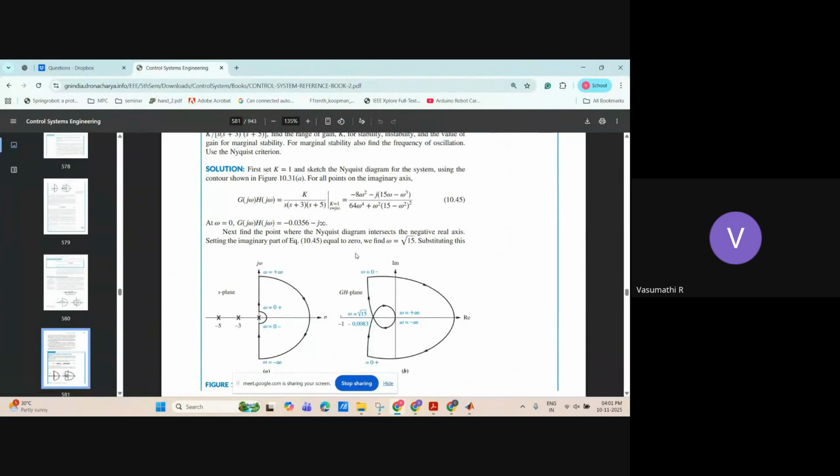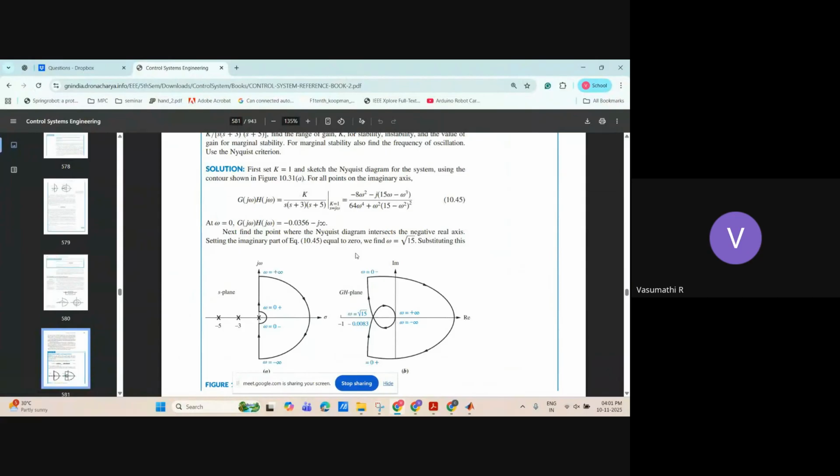This is k by s into s plus 3 into s plus 5. So G1 would be the transfer function, tf of s.